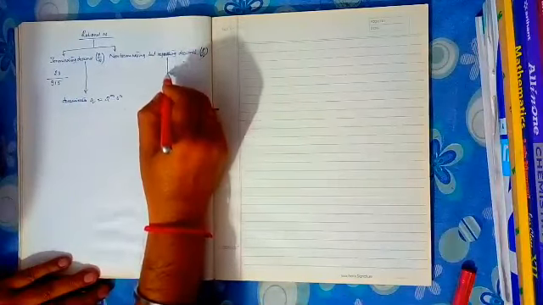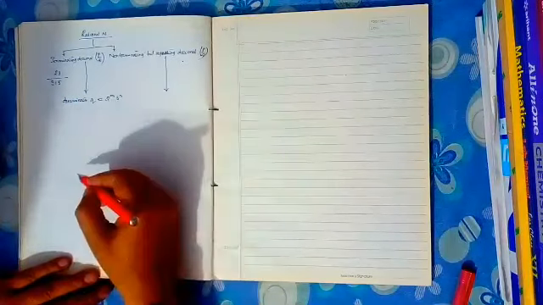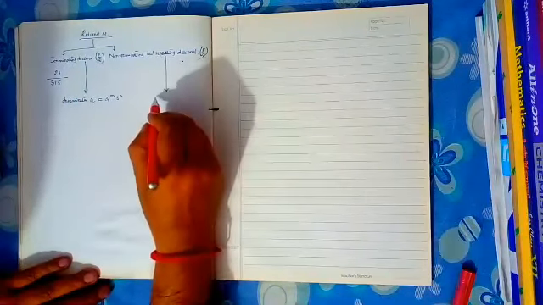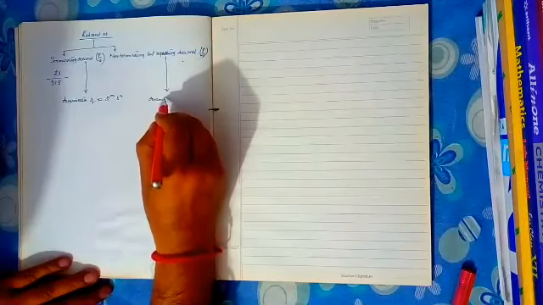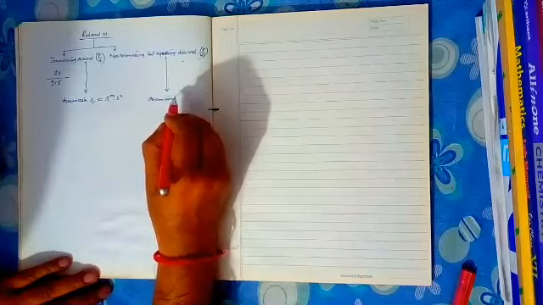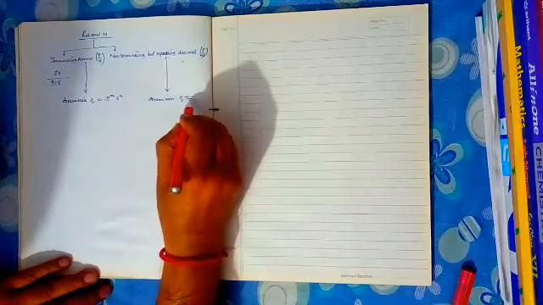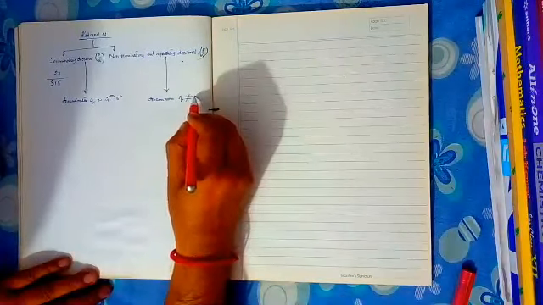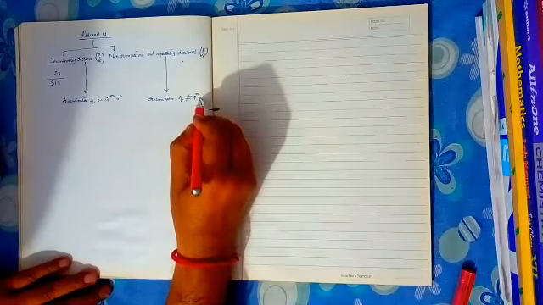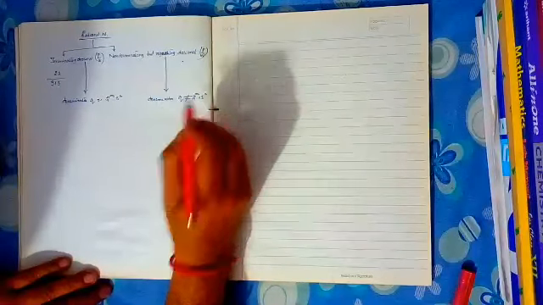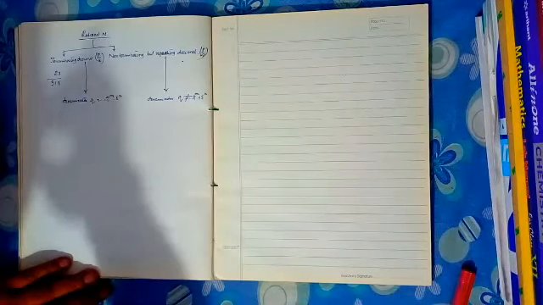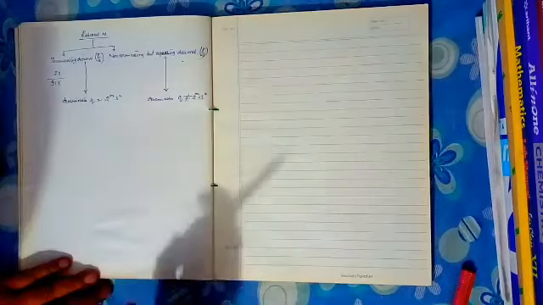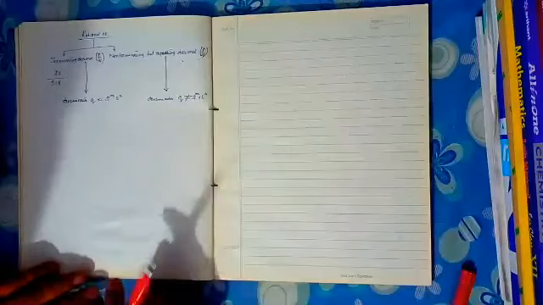And for this type of denominator, q cannot be written in the form of 2 to the power m into 5 to the power n.